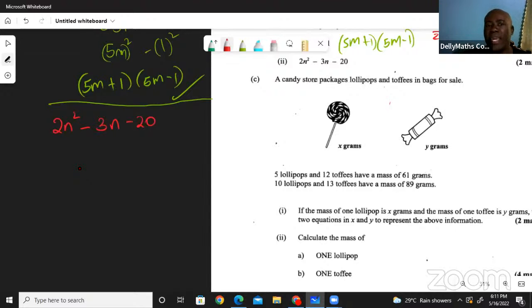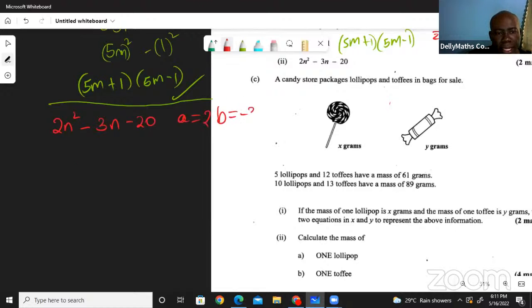The purpose of the AC method is to find two numbers to actually take the place of the middle term, so that we can have 4 terms after that to factorize by grouping. That is the true meaning of the AC method. So let us take our time and find out what is A, what is B, and what is C. A is the coefficient of the square of n, and this time it is 2.